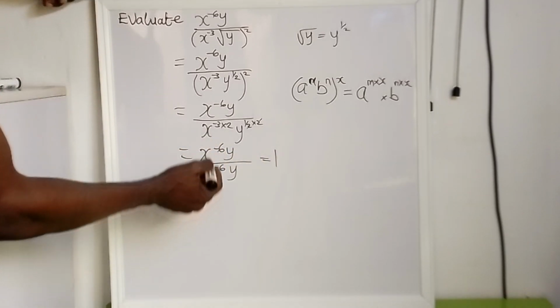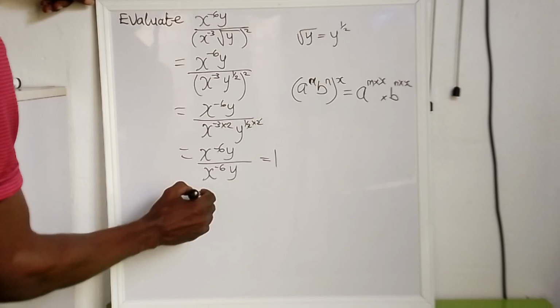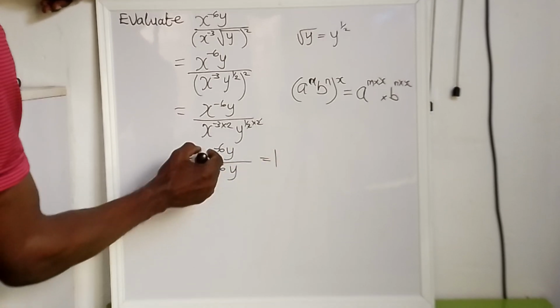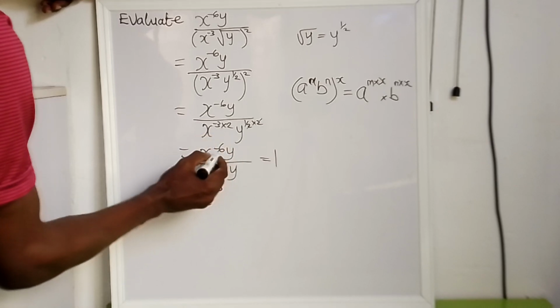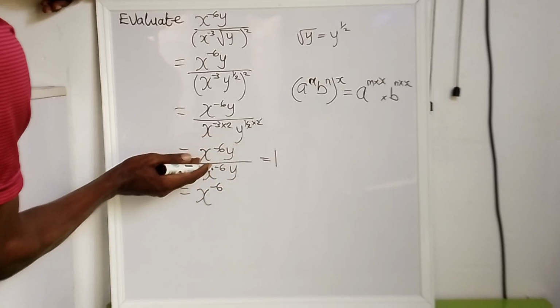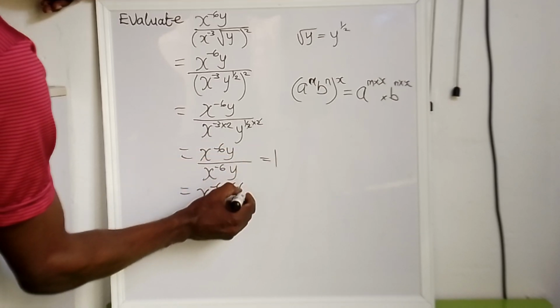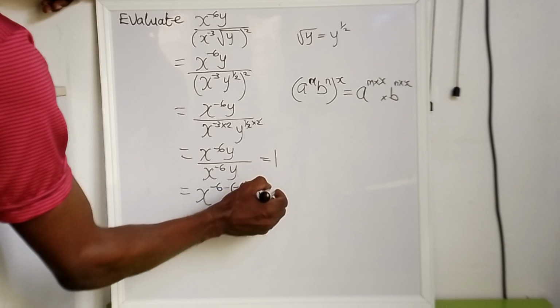Now this is the quotient law. For the quotient we have to subtract their powers. So we take x and then subtract, the first x raised to the power minus 6, then minus minus 6, times y raised to the power of 1 minus 1.